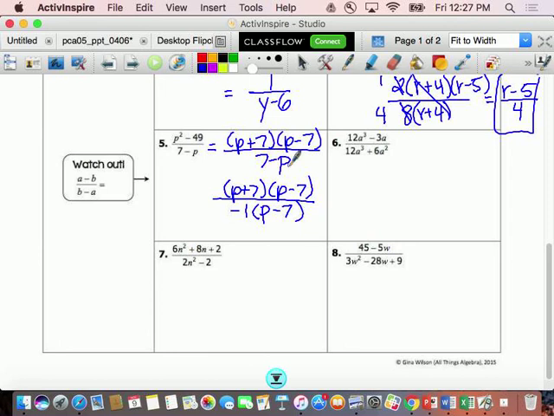But it's a very convenient way, because if you write it that way, we can cancel out the p minus 7s, and then we have p plus 7 divided by negative 1. So that's negative p minus 7 for your final answer. Why don't you try 6, 7, and 8 on your own?